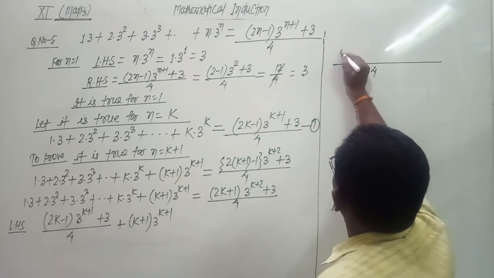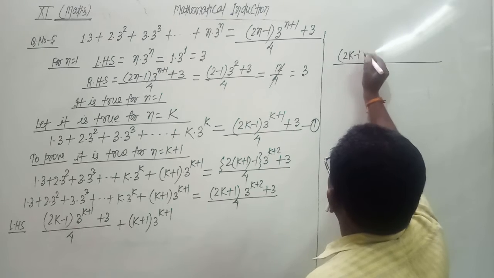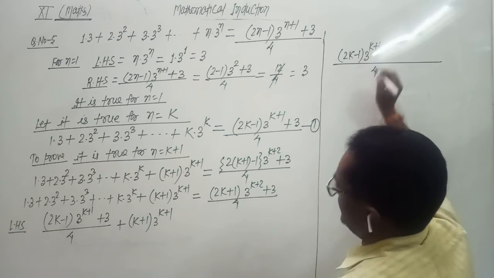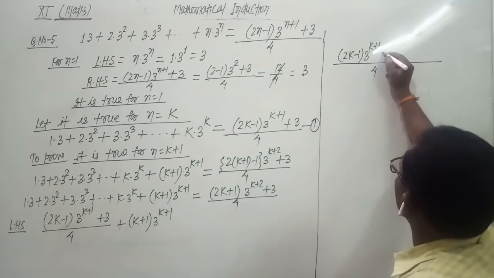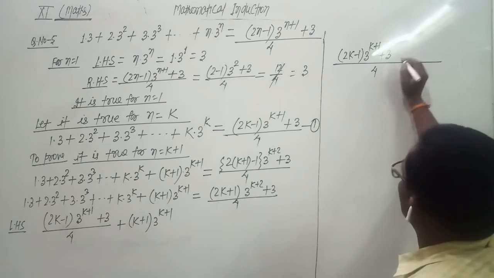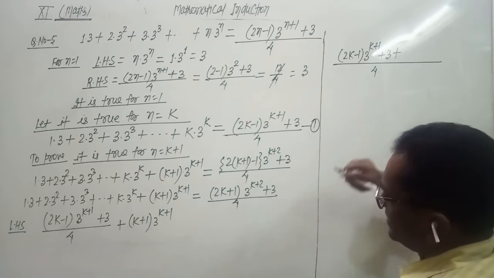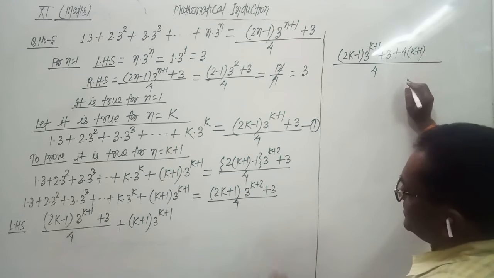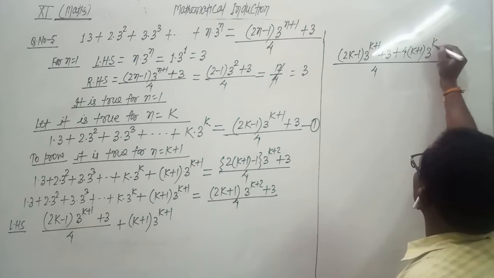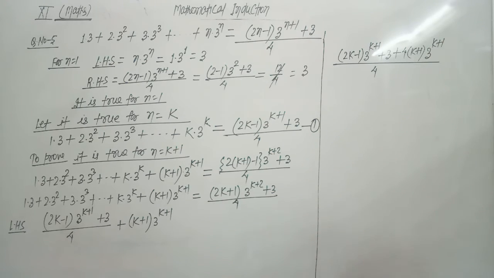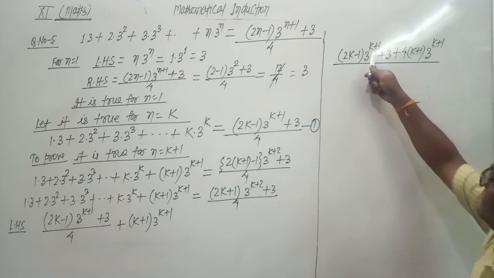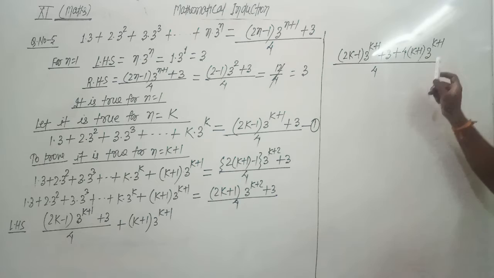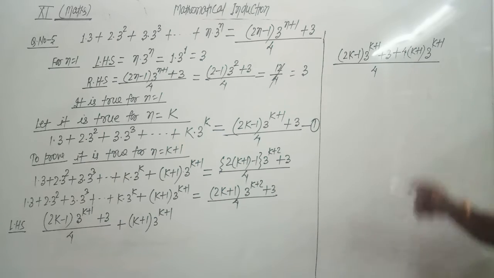Then we get (2k minus 1) into 3 raised to the power k plus 1, plus 3, and plus 4 into (k plus 1) into 3 raised to the power k plus 1. In the numerator, from these two terms, there is a common 3 raised to the power k plus 1.